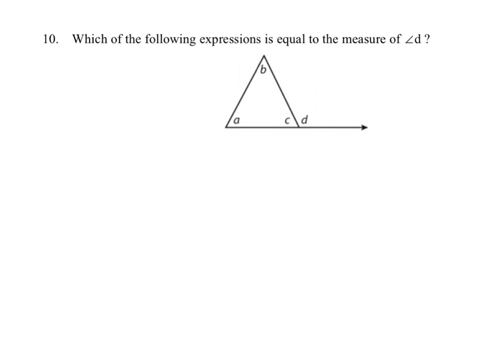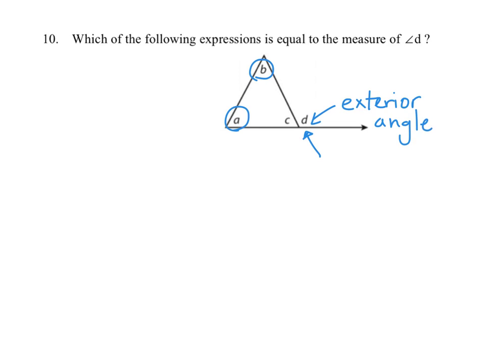Number 10, which of the following expressions is equal to the measure of angle D? Okay, for this question, I will give you some information and maybe you can answer on your homework assignment sheet. D is what we call the exterior angle of this triangle that we can say is called ABC.